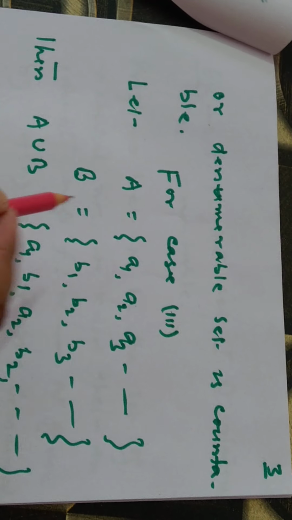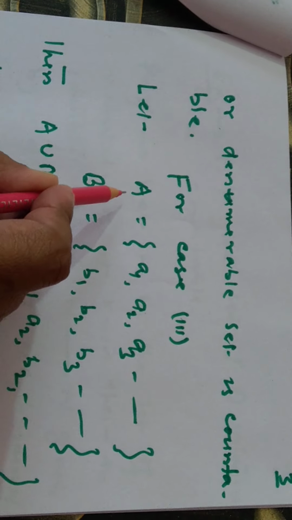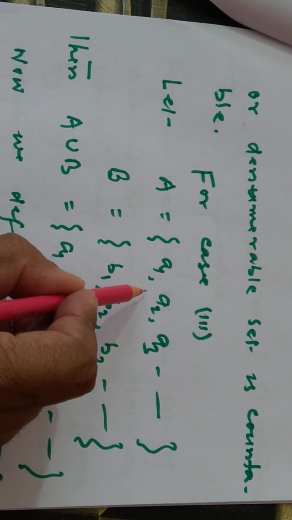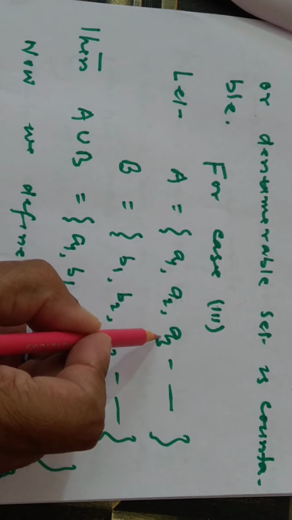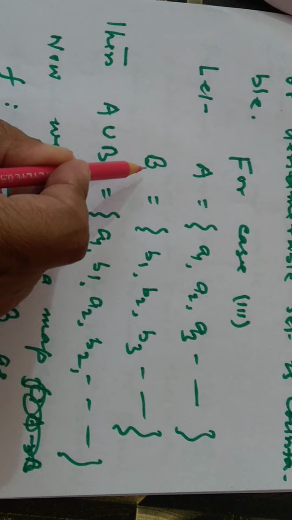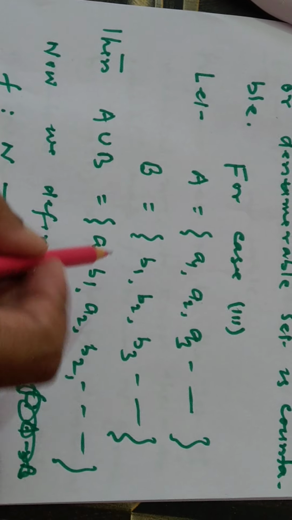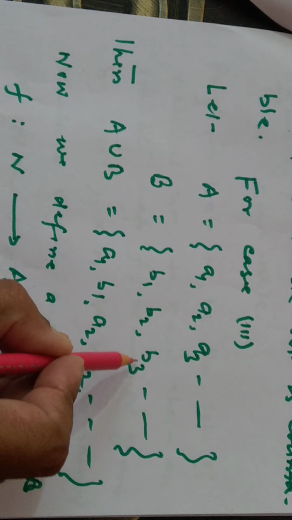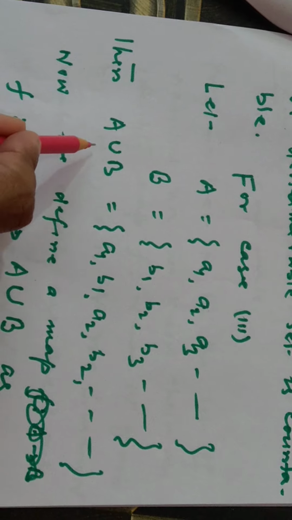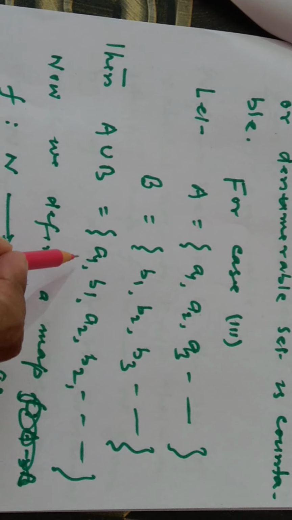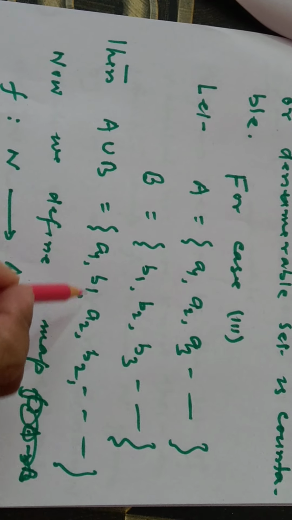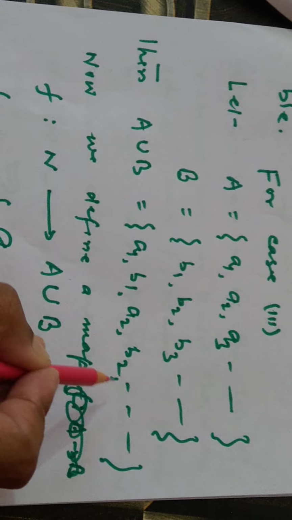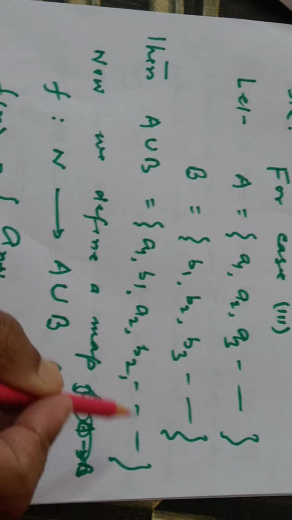For case 3, let us assume that the set A is the set whose elements are a1, a2, a3 and so on, and another set B is the set containing the elements b1, b2, b3 and so on. Then A union B is equal to {a1, b1, a2, b2, and so on}, or this set can be written in either order.